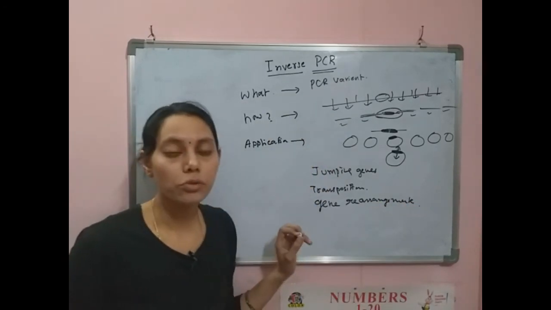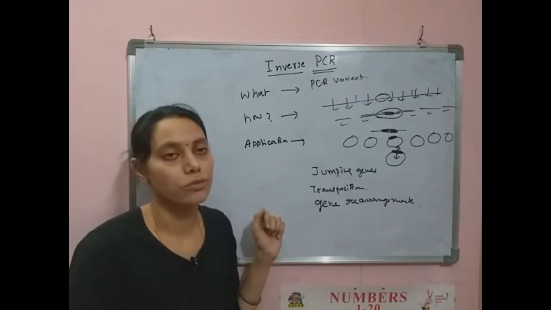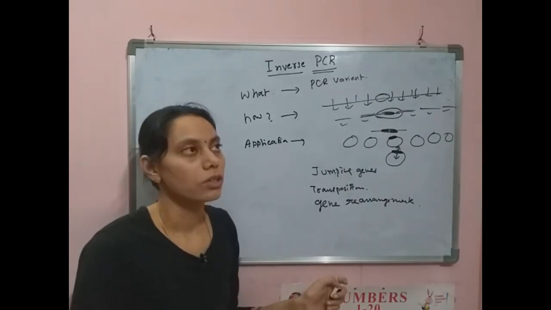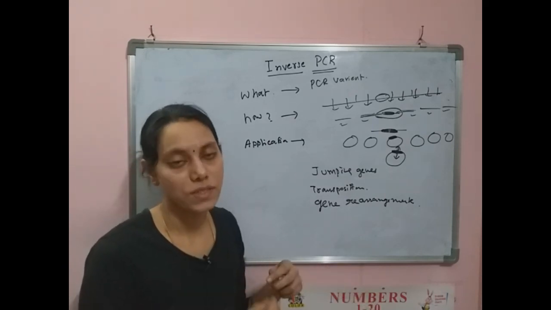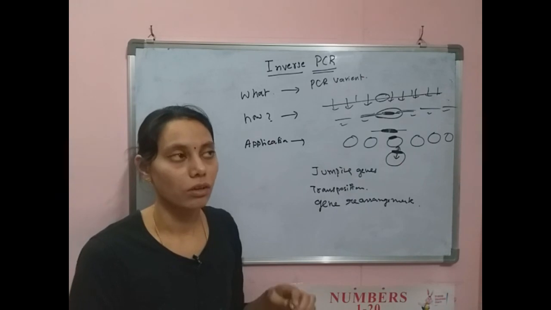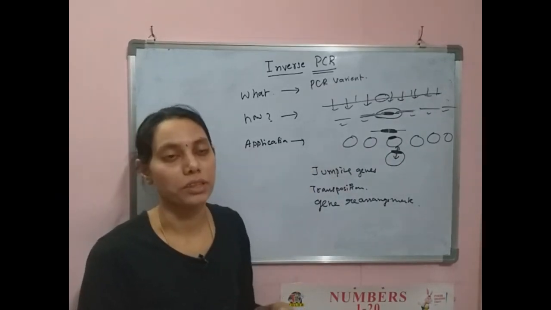In order to do such things, we generally use this inverse PCR. So the regions flanking the known sequence can also be synthesized. So that is how the inverse PCR works.